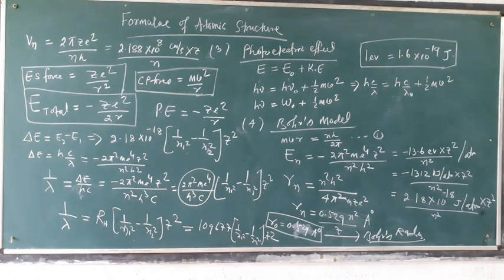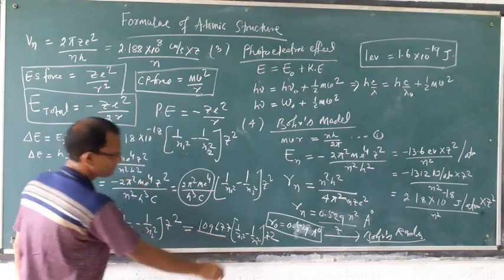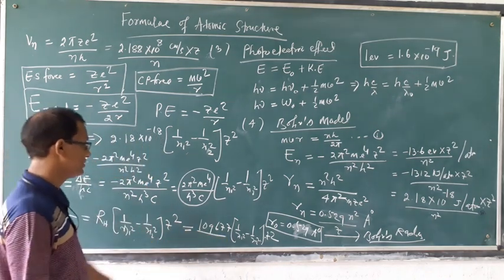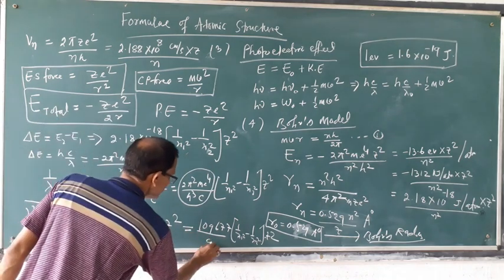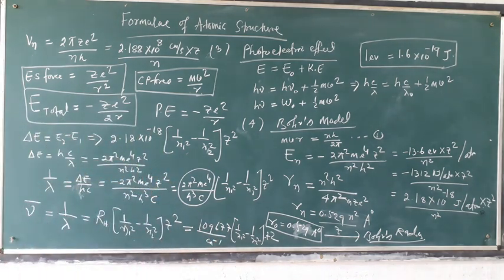So this is the calculation of wavelength, and 1 by lambda is also called wave number, nu bar. So this is regarding calculation of wavelength and wave number.